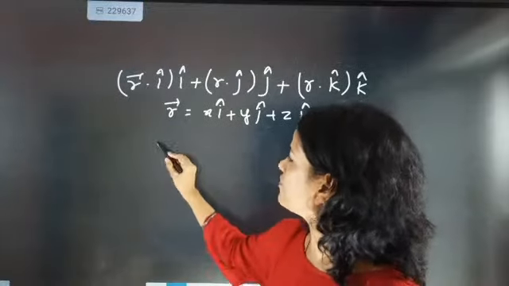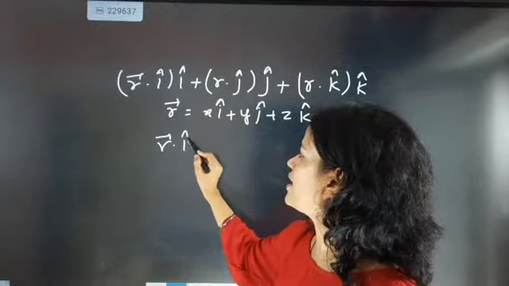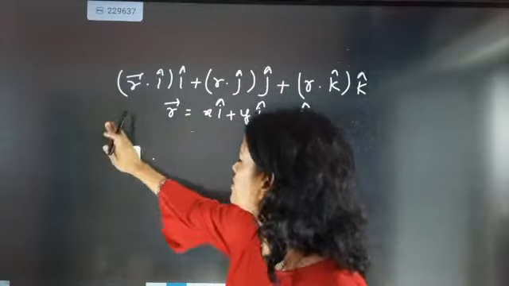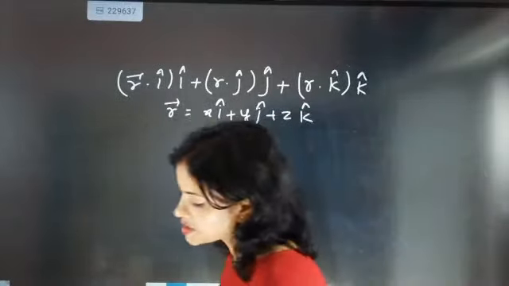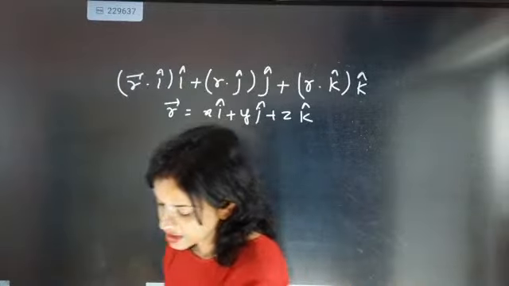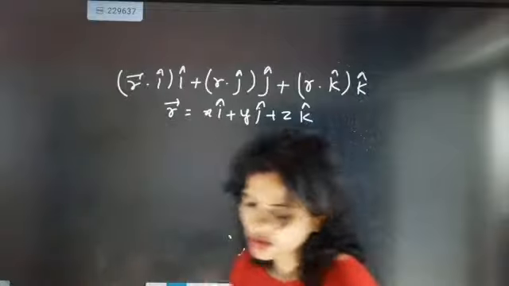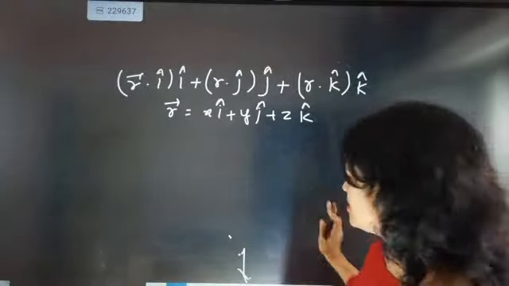Here they have given r vector dot i. Now you know i dot i is nothing but 1. Nothing is coming here, no big deal in this question.